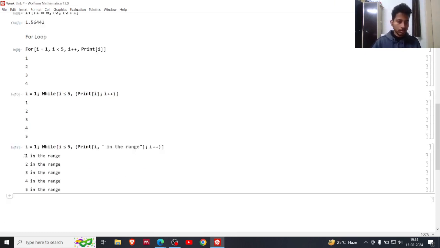So now you can see 1 in the range, 2 in the range, 3 in the range, 4 in the range, 5 in the range. That's how you use while.